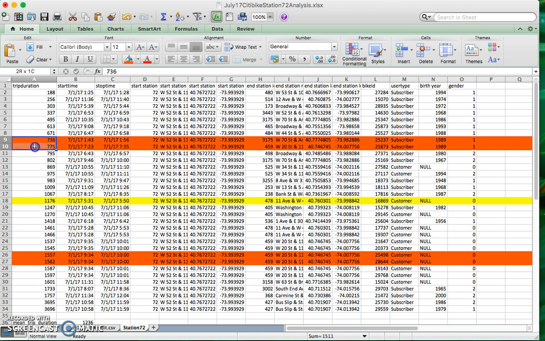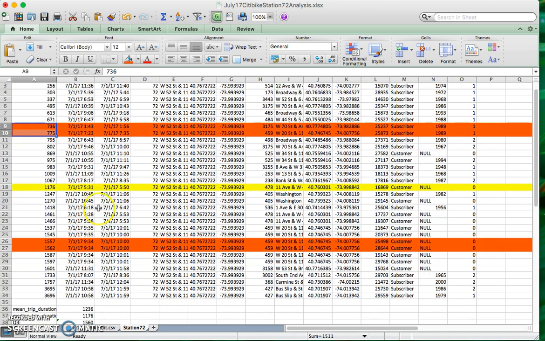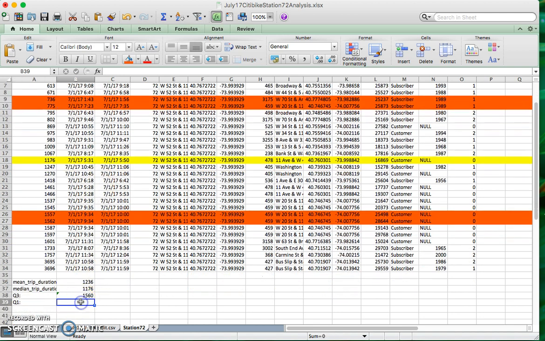The median is, in my case, the average of the data values that appear in rows 9 and 10. Okay, so I'm going to do here equals sum of these 2 divided by 2. I'm also going to round this to be a single digit.